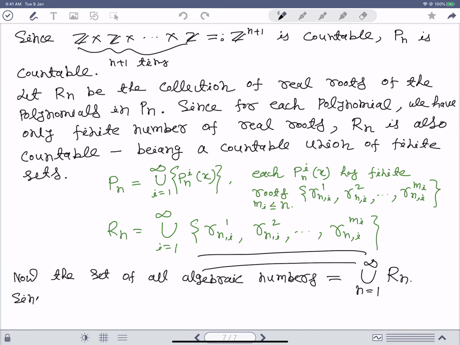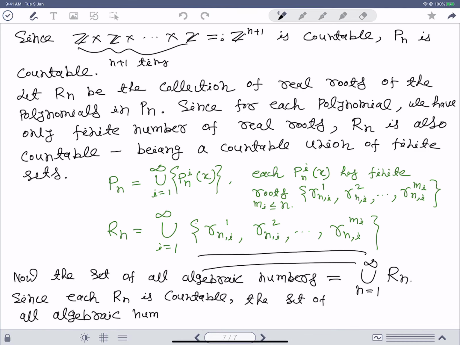Since each Rn is countable, the set of all algebraic numbers is also countable, being a union of a countable number of countable sets.